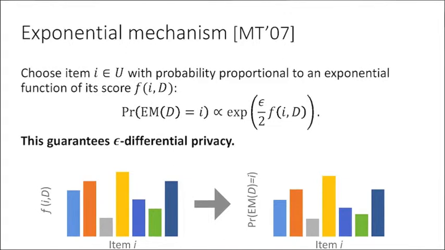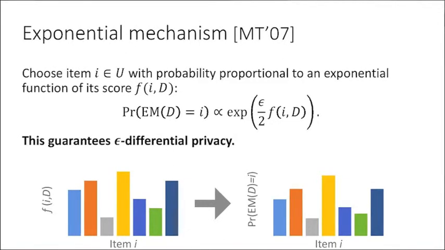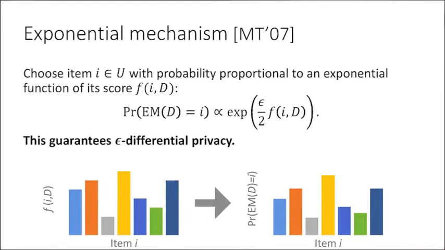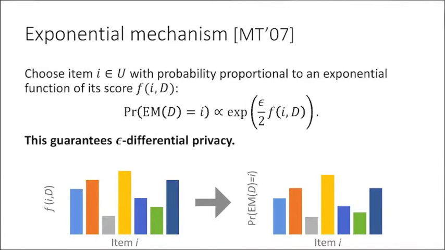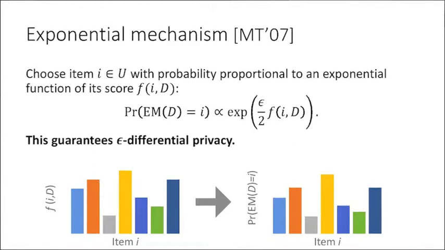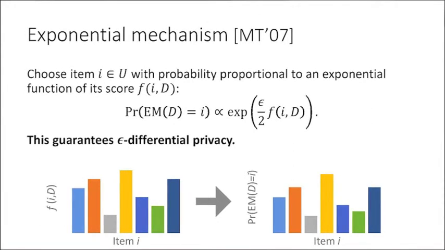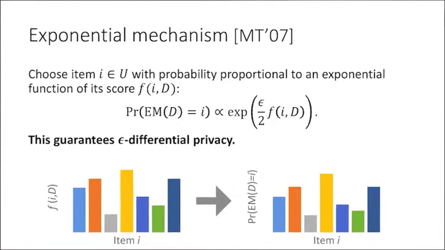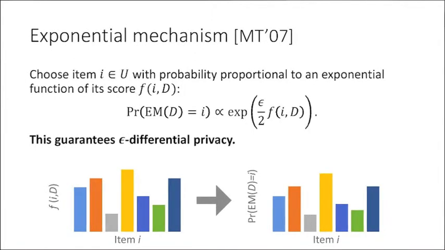You define a probability distribution over these items, and you choose item i with probability proportional to an exponential function of its score. It turns out you just use e to the epsilon over 2 times the score. And this is differentially private simply because these function values are smooth. They don't change by more than 1, and therefore the distribution cannot change by more than a multiplicative factor of e to the epsilon.